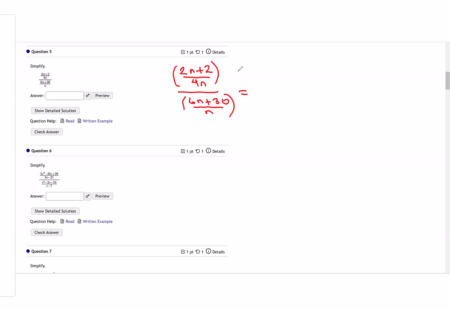Same, keep, change, flip. I can do this because I have a fraction over a fraction. We're going to see in a minute when I cannot use keep, change, flip. I can still use keep, change, flip here. Keep, change, flip.